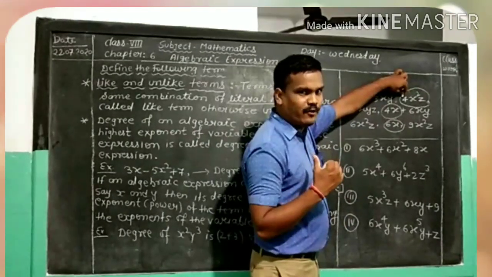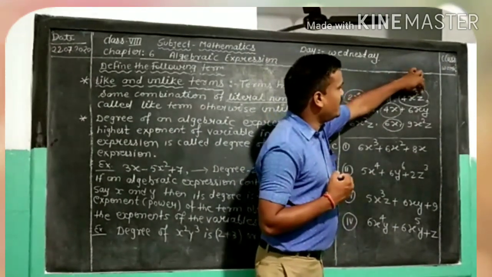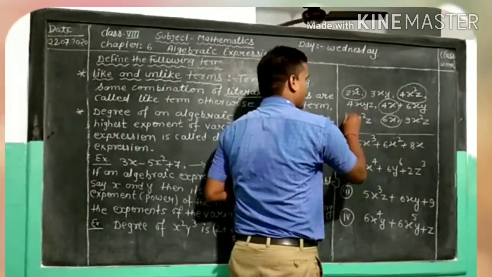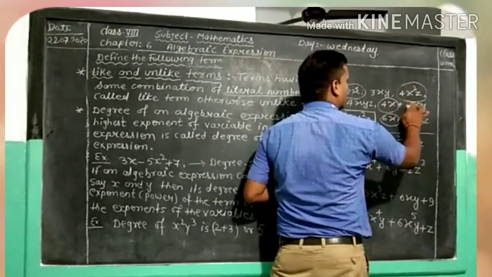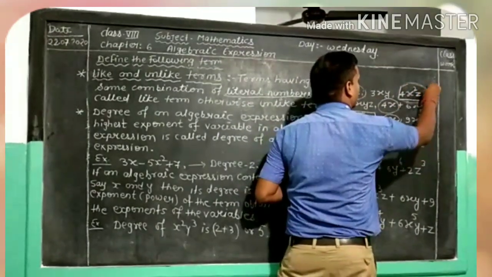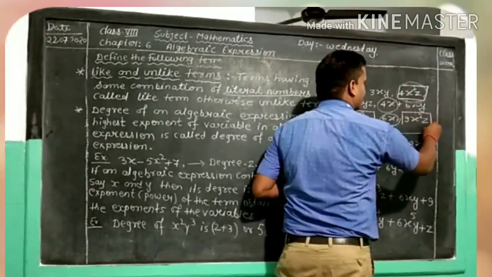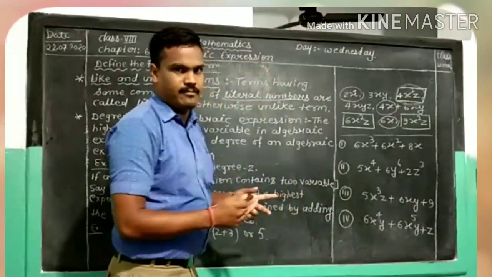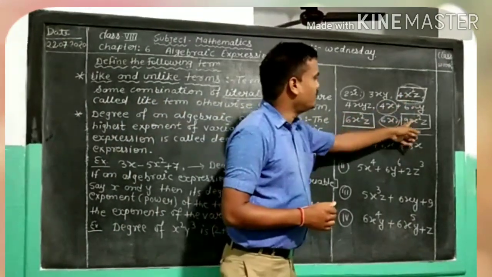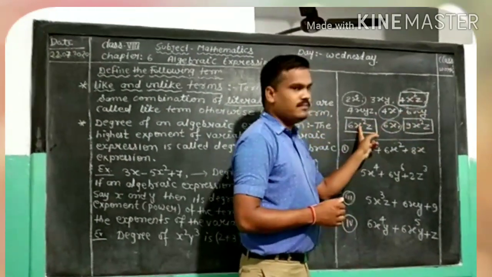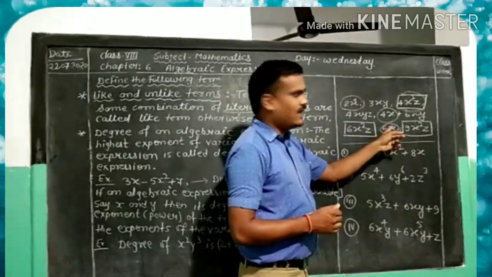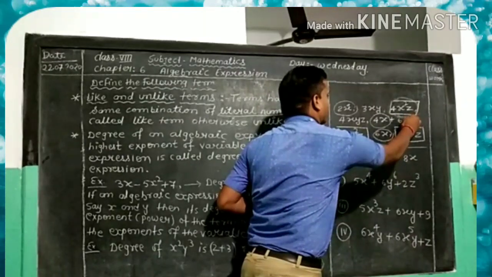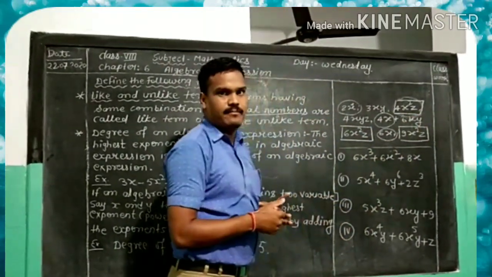In the previous part I have told you. So x square z. See here 6x square z, 9x square z. So 1, 2, 3, these are called like terms. Together 1, 2, 3, these are like terms, and these are like terms, and the remaining 3xy, 6xy, like that.